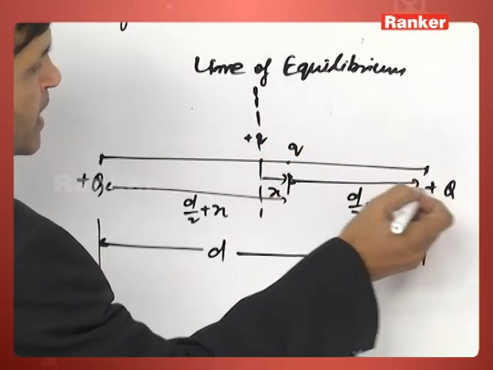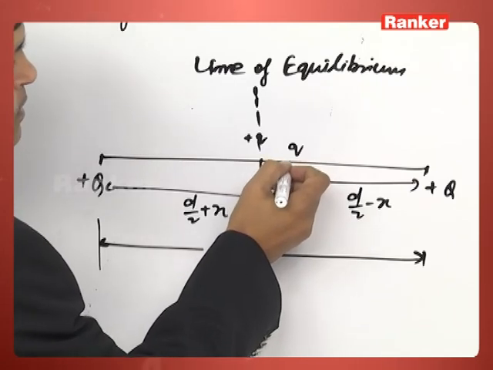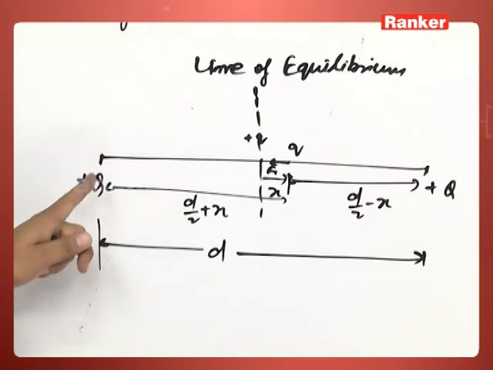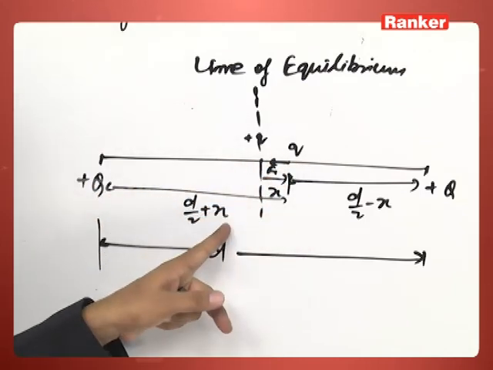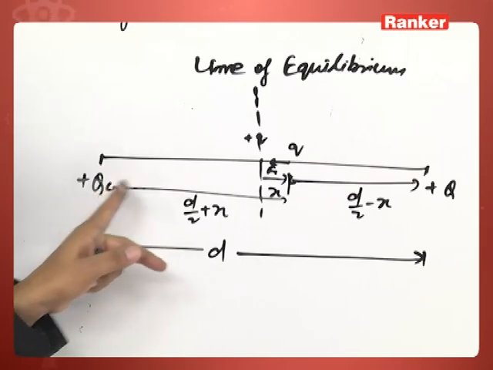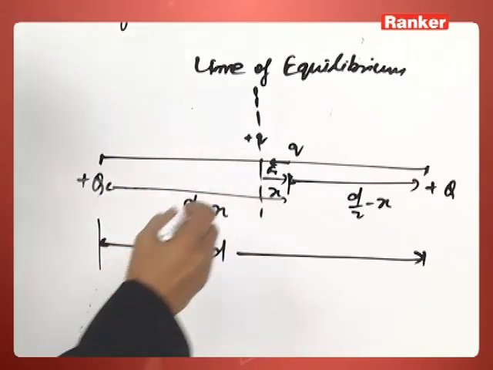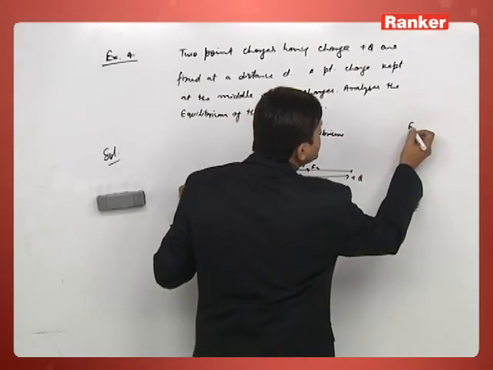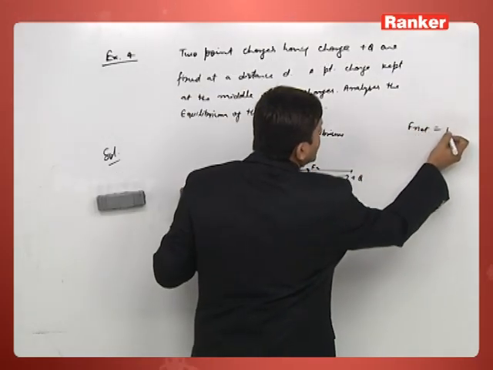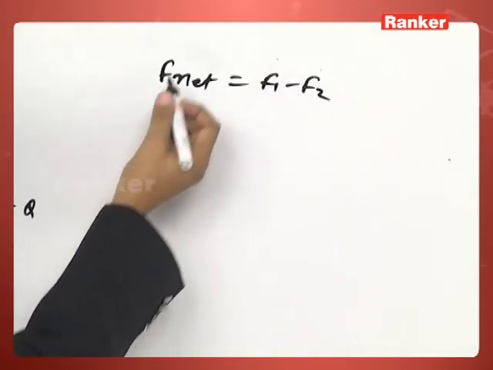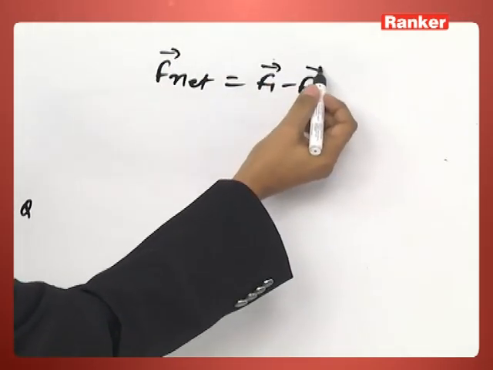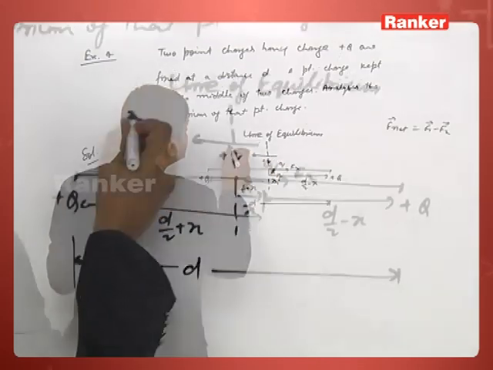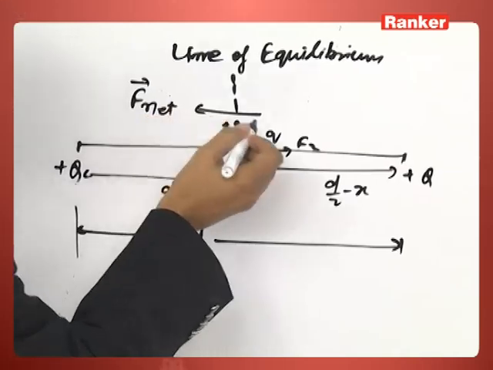Let the force between plus q and this charge be F1. Since the distance between plus q and the other q increases, the force between these two decreases, F2 in this direction. The net force is F1 minus F2. It means that the net force is acting in the opposite direction of displacement.